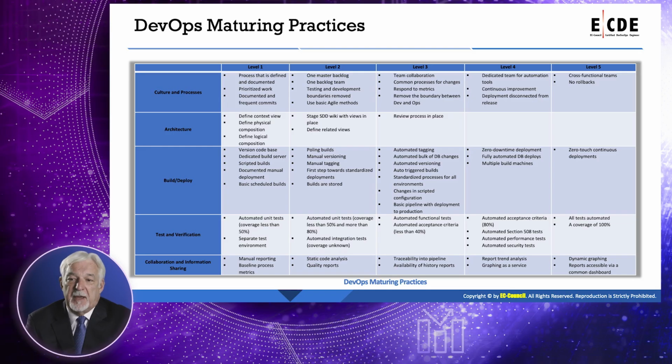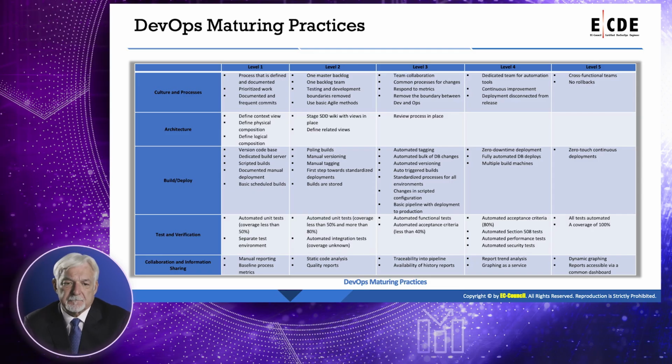You're seeing fully automated database deployments and multiple build machines are now available in the environment. And when you're fully mature, you'll see zero-touch continuous deployments. Basically, you're updating, you're doing code, pushing it out, build to deploy is happening fairly automatically on that backside of it.